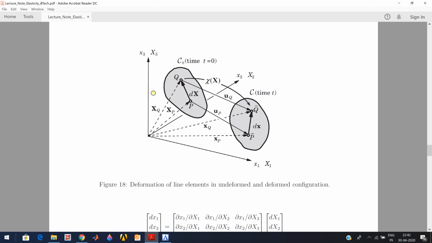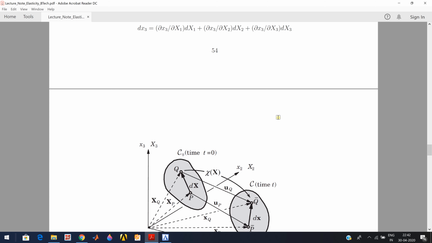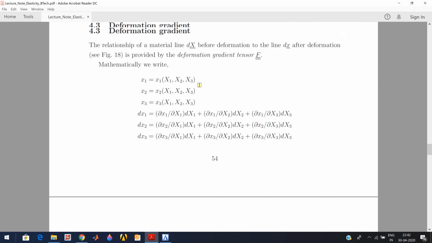We know that a tensor acts on a vector and generates another vector. So here the deformation gradient tensor acts on the line element d capital X, which is the line element before deformation, and then generates the line element after deformation, which is d small x. So mathematically, now we'll see what the relation is.